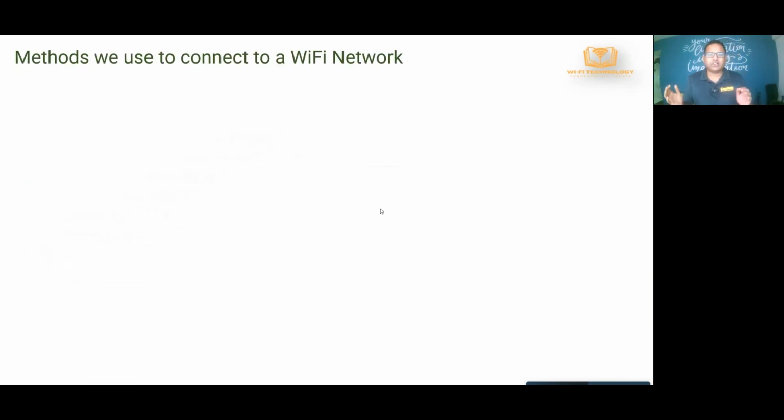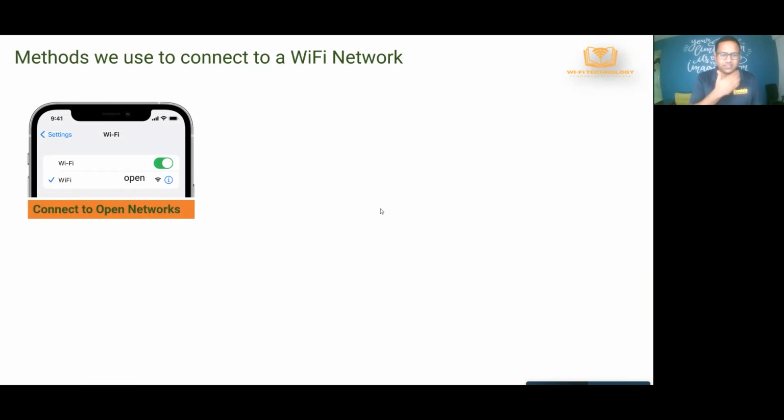Before we get into all the technical details, let us set some context here, and look at the various methods that we use to connect to a Wi-Fi network. We all know this, even if you're new to Wi-Fi. One of the most common methods is that we find an open network.